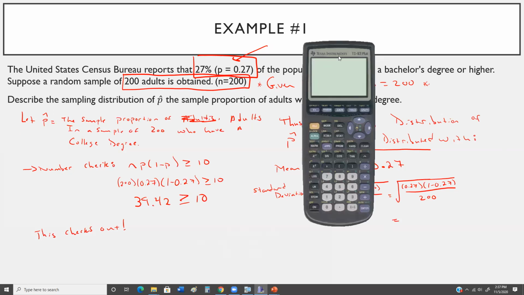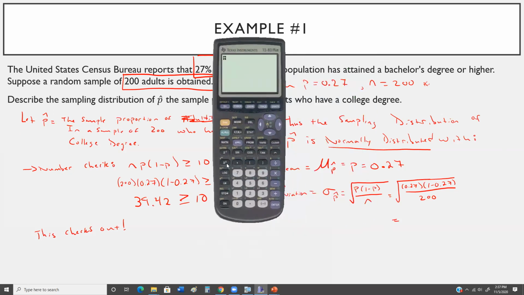You just have to plug this into your calculator. Second function square root, 0.27 times, then in parentheses 1 minus 0.27, close that set of parentheses, divided by 200, close the final set of parentheses on the TI-83, and you should get this.